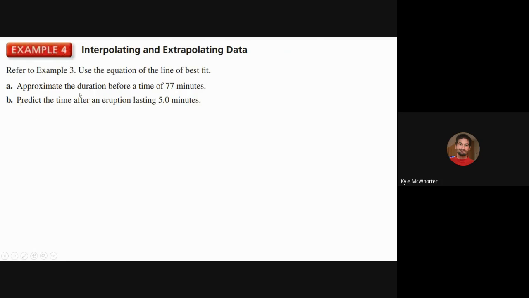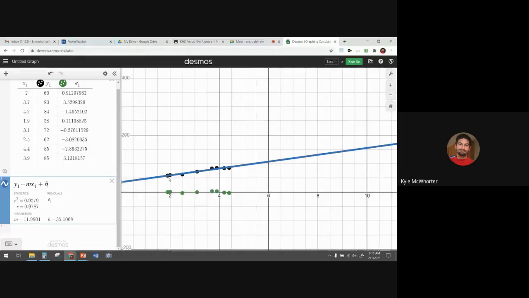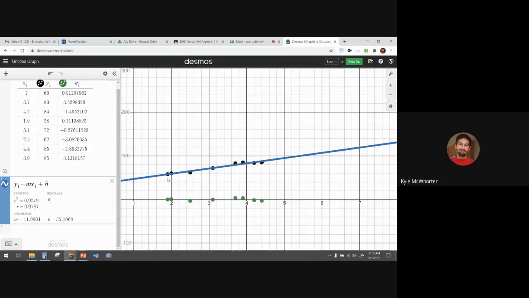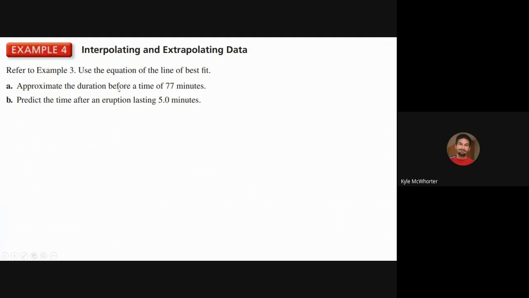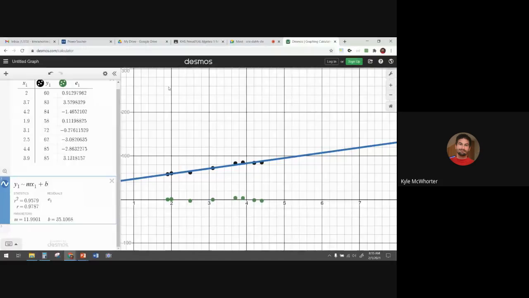Okay, so now we're going to refer to example 3, and we already have our graph over here, so we're good. Use the equation of the line of best fit. So we're going to use the equation to approximate the duration before a time of 77 minutes. So our equation was 11.99x plus 35.1.